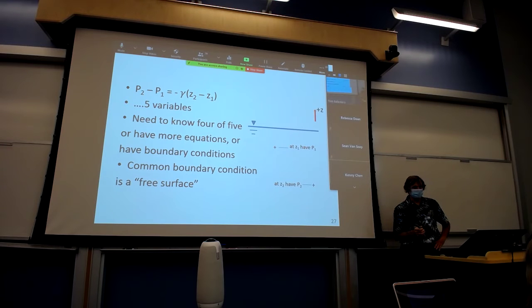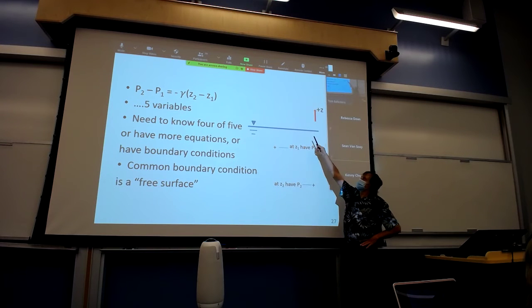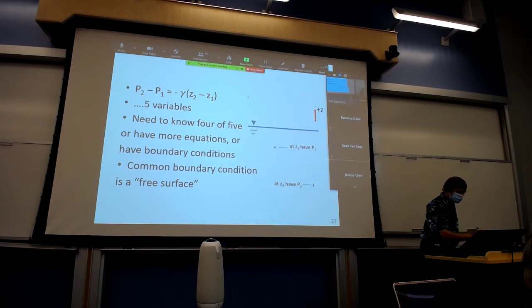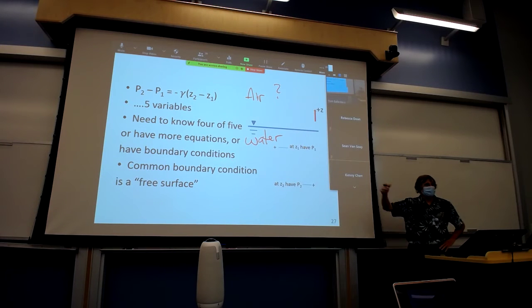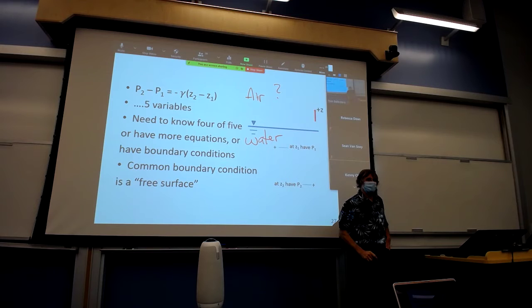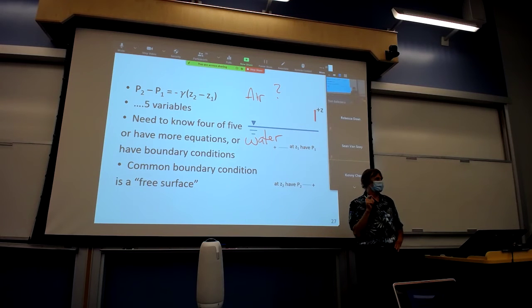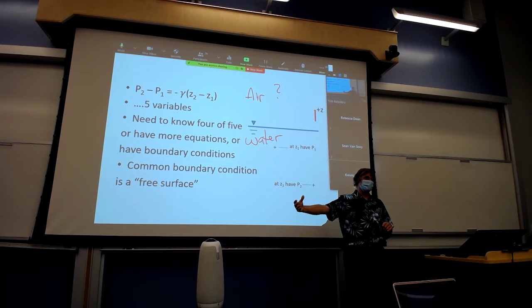So for example, if this is air, think of a swimming pool, and this is water. What pressure is above the fluid surface? One atmosphere, atmospheric pressure. And atmospheric pressure in a local gauge datum is what?